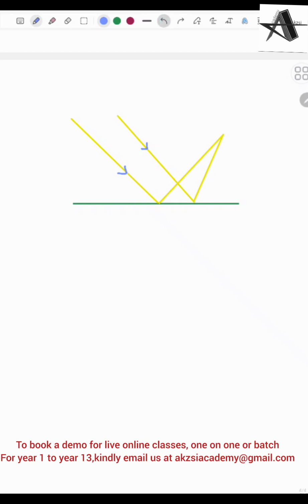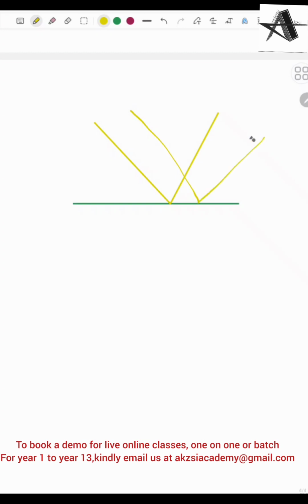Now if I change this case, suppose the light rays are falling like this, reflection happens and reflection happens. Now is there any possibility that these two waves can meet? This is a reflected ray.